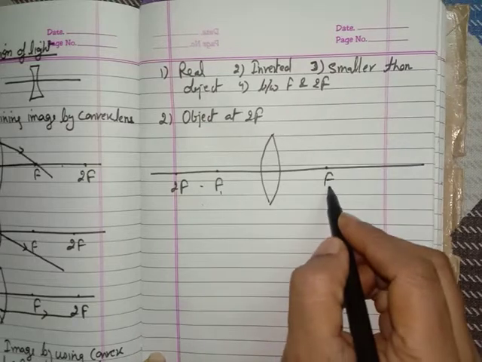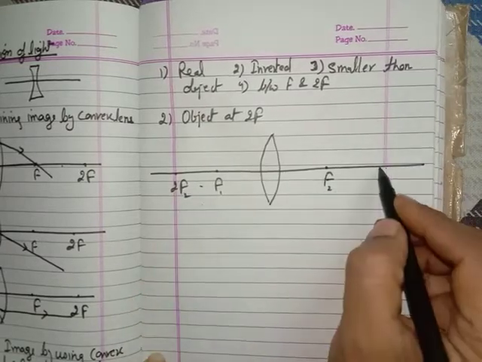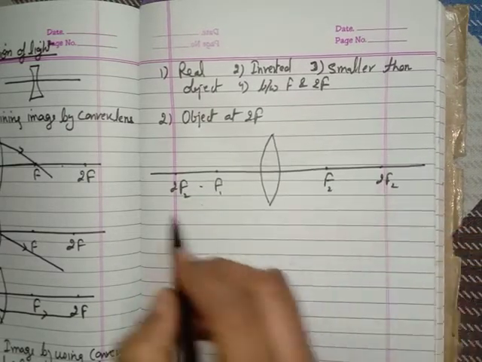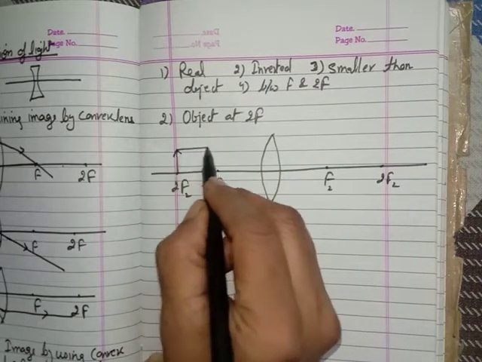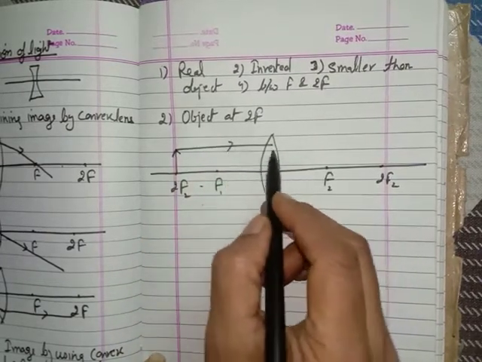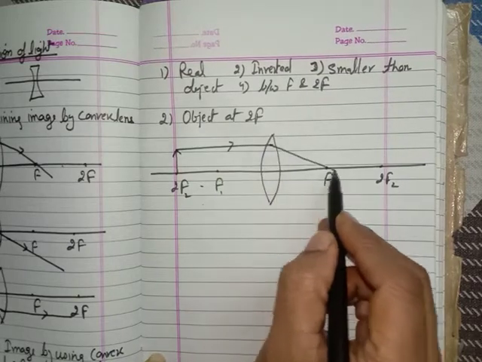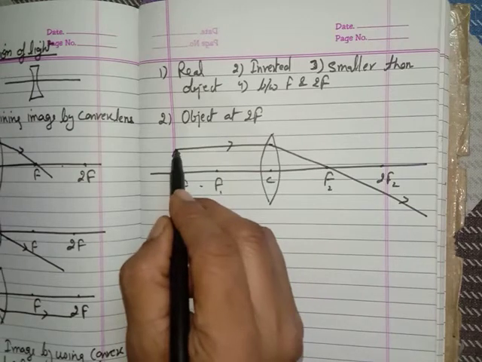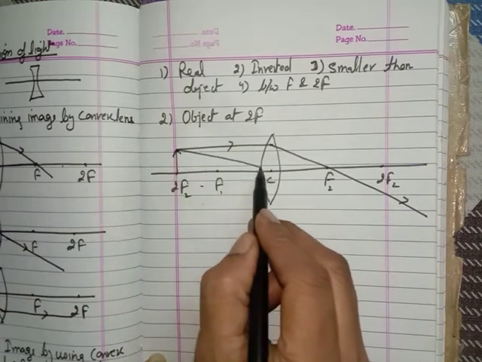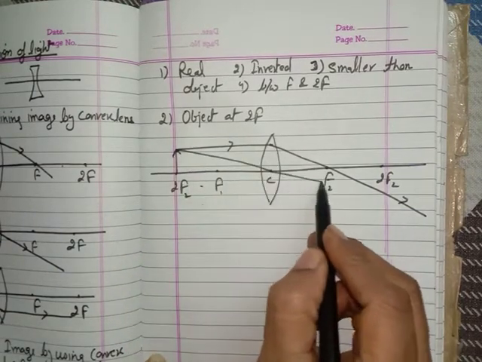F1, F2, you can write it like F1, F2 and 2F1 and 2F2. So if we place the object at 2f, what will happen? The first light ray is coming parallel to the principal axis, always passes through the principal focus, and the second light ray passes through the optical center, passes straight without any deviation.